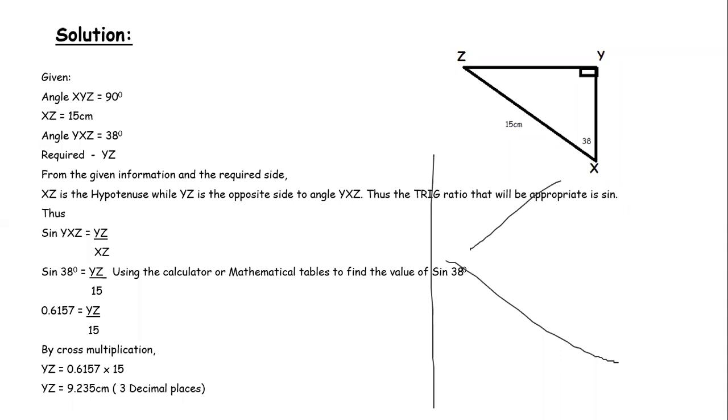If we are expected to give our answer to 1 decimal place, our answer will be 9.2. I hope we got value from that.